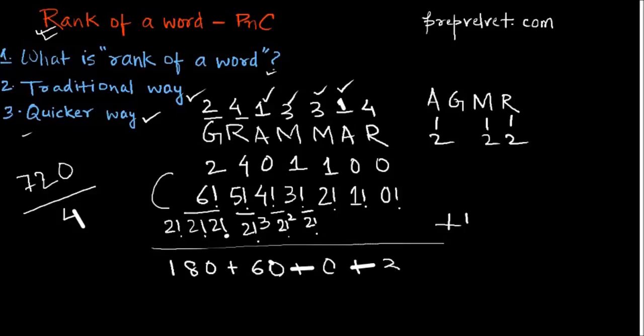Sorry for these mistakes. Now 2 factorial into 1 gives us 2 and plus 1.